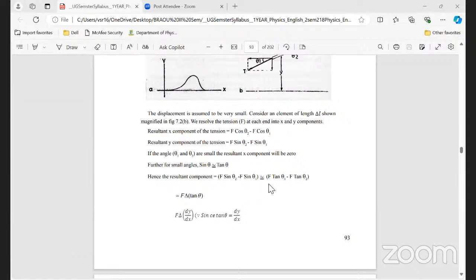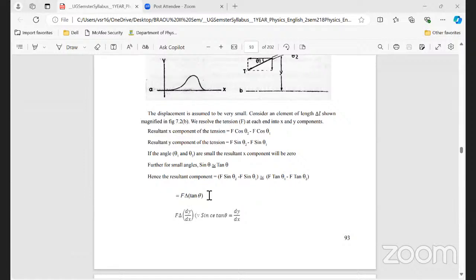So sin theta is approximately equal to tan theta, that means tan theta 2 minus tan theta 1, where this is theta 2 and theta 1, not theta 1 minus theta 2. This is F delta tan theta.